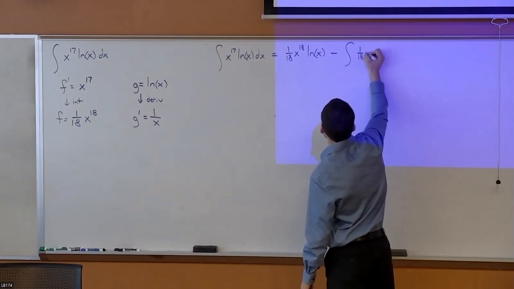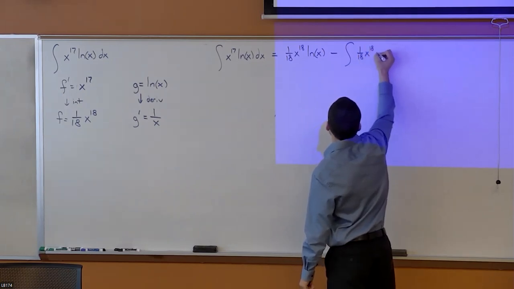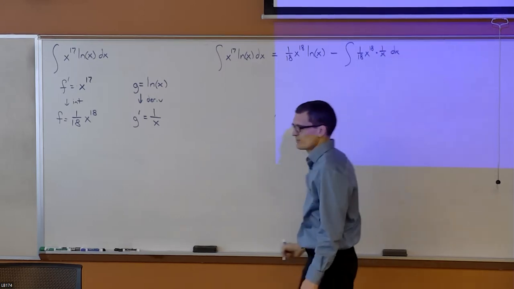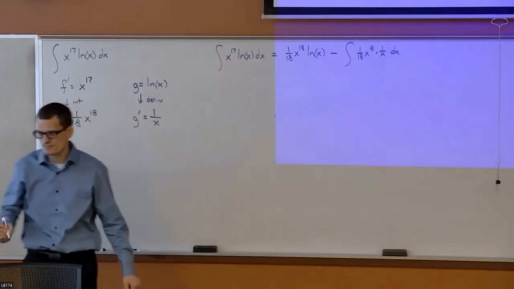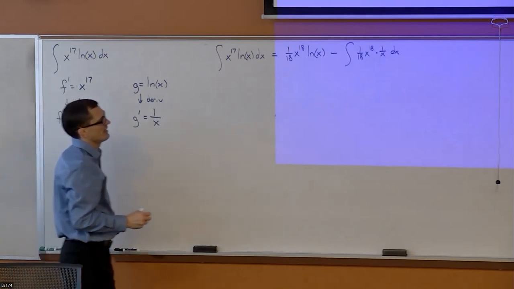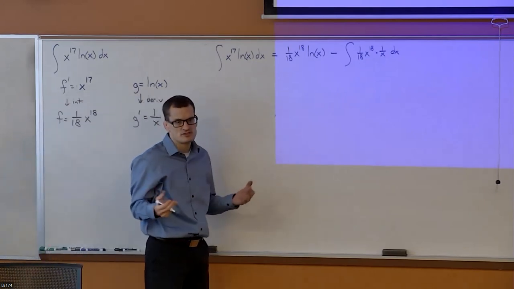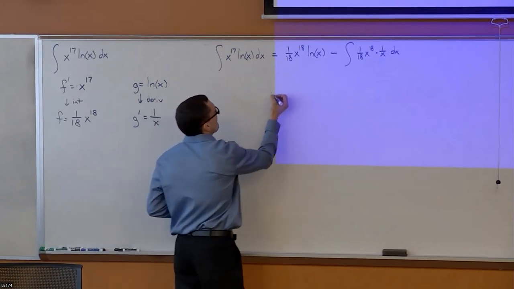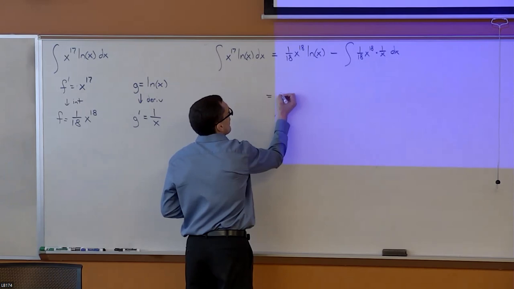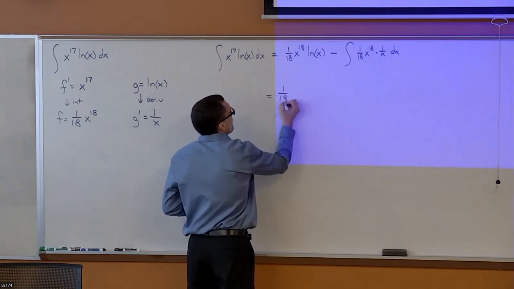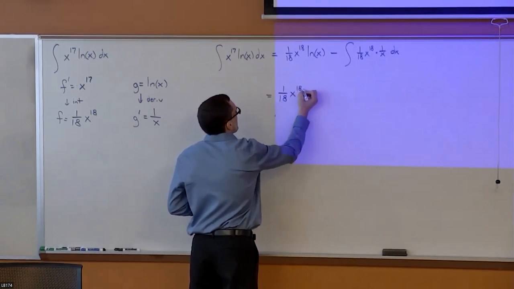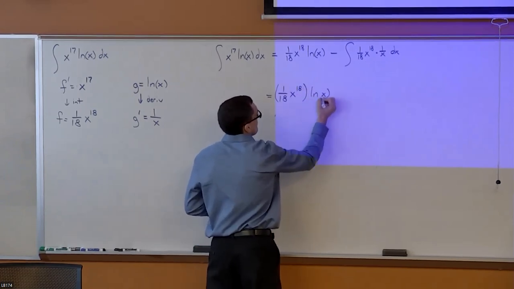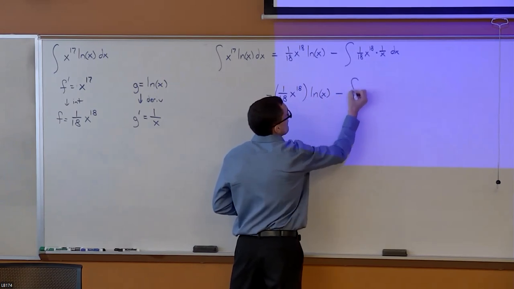That's 1/18 x to the 18th multiplied times 1/x, integrated with respect to x. Again, I don't have to worry so much about the parentheses if it's just a single term. If you do want to add parentheses to make your life easier, that's fine.